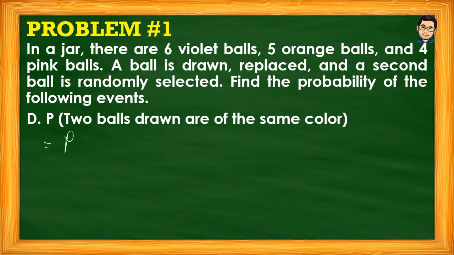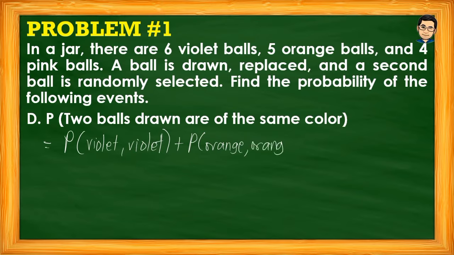So, sulat natin probability na violet plus probability na orange, and then plus the probability na pink and then pink.